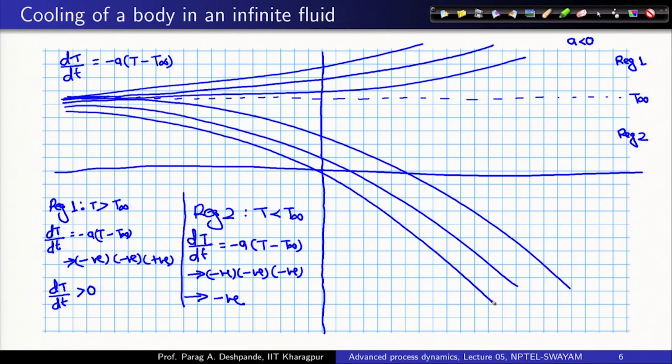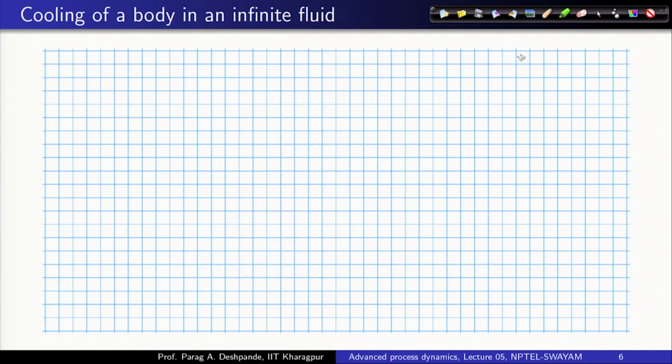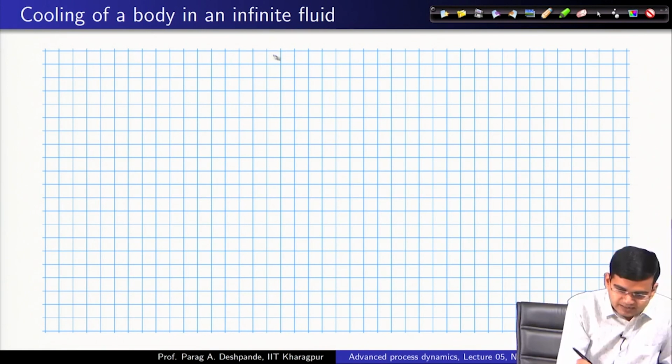Now, let us analyze how the phase portrait changes as a function of a. So, I will need to draw two phase portraits now.